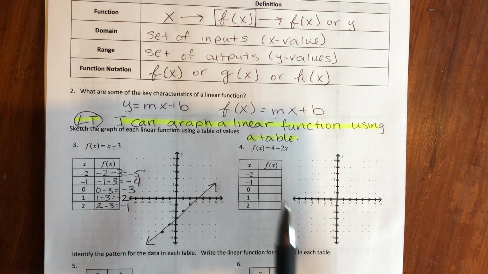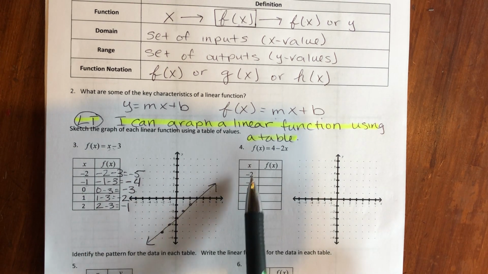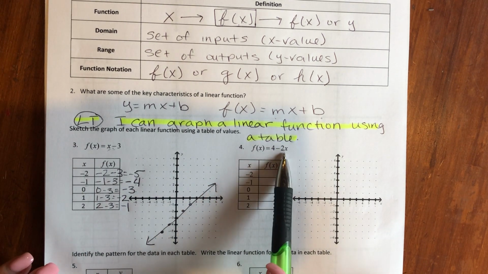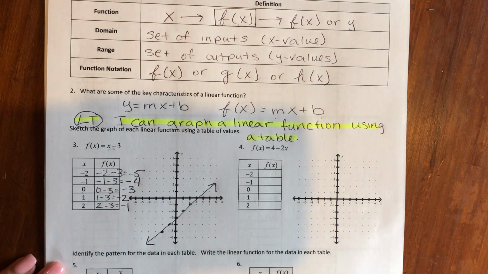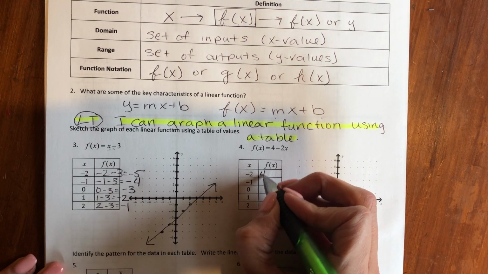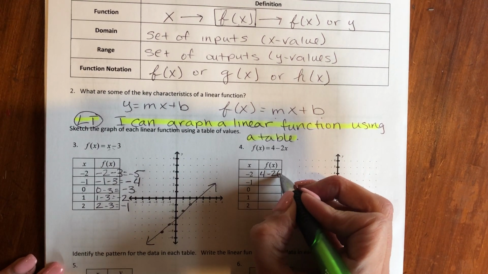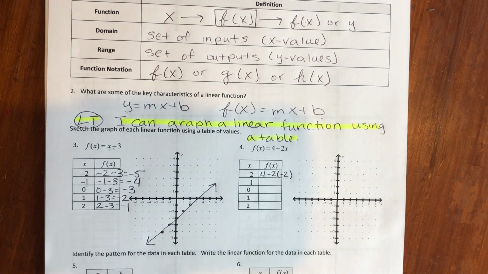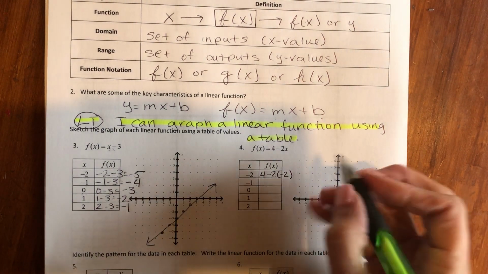First of all, I'm going to plug in my first x value, -2, for the x. So that is 4 minus 2 times -2. Now remember, order of operations: you have to multiply before you can add or subtract. So we're going to multiply first. -2 times -2 is +4.